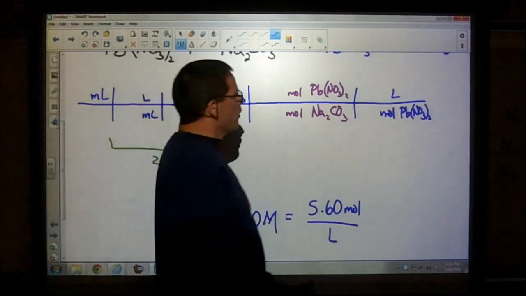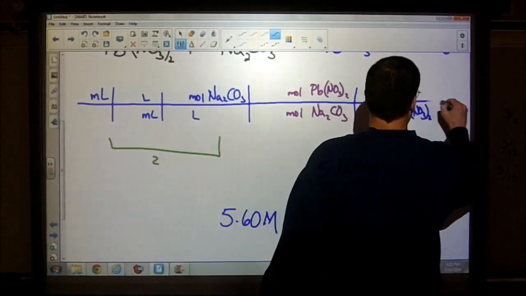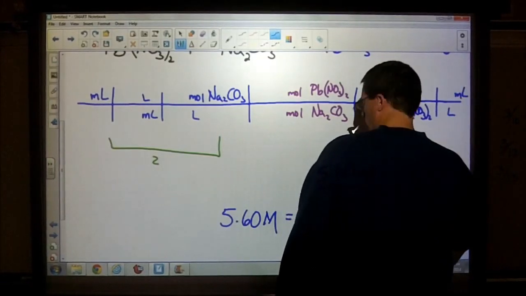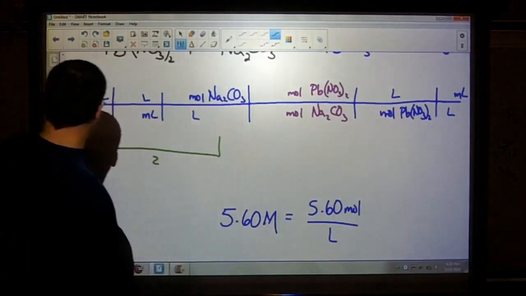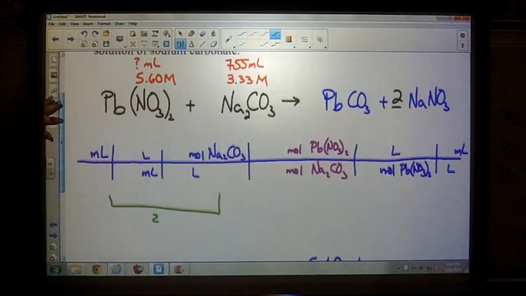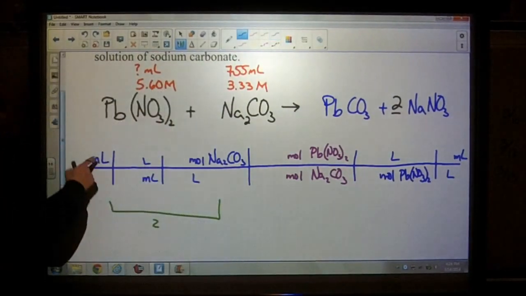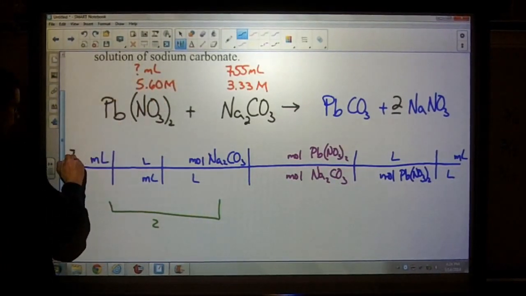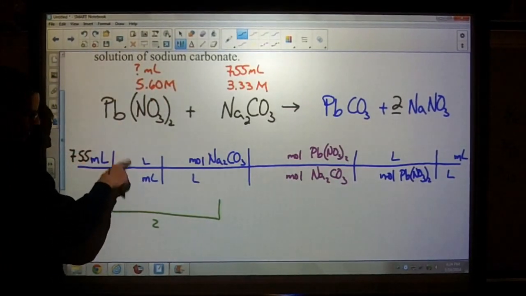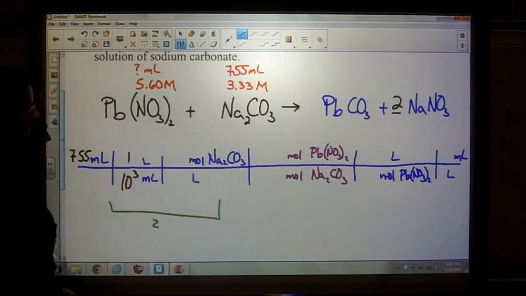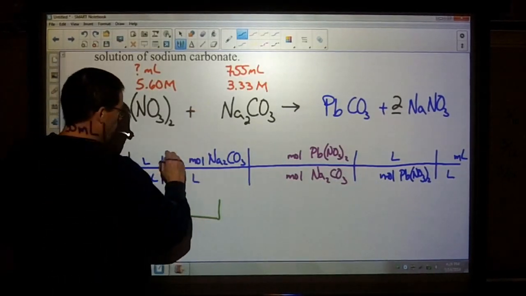Okay? Then the last step is it wants it in milliliters. So change those liters into milliliters. That's not so bad. That's actually a fun question. So let's write some values in here. So we started with 755. Which one's bigger, liter or milliliter? Liter. How many milliliters? 1,000. Our molarity is 3.33.